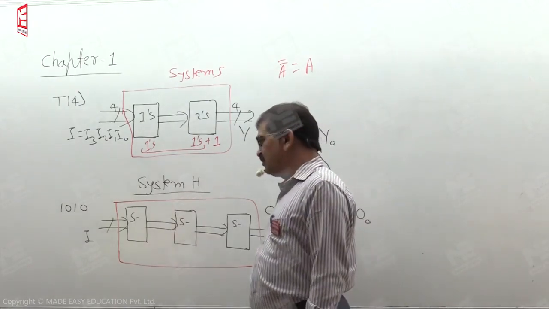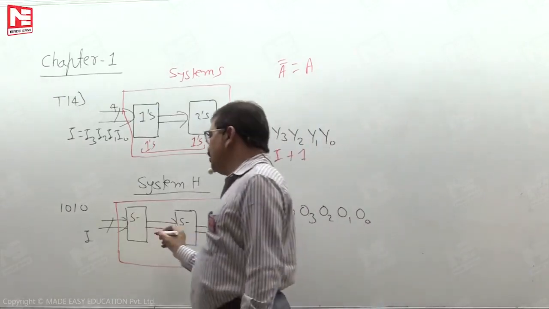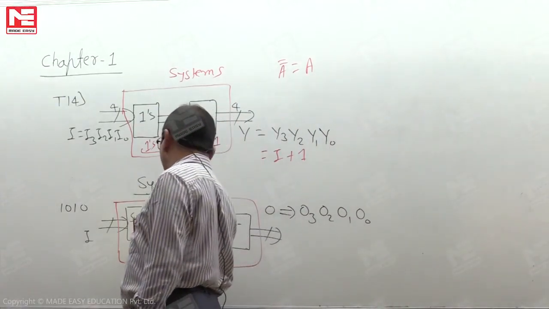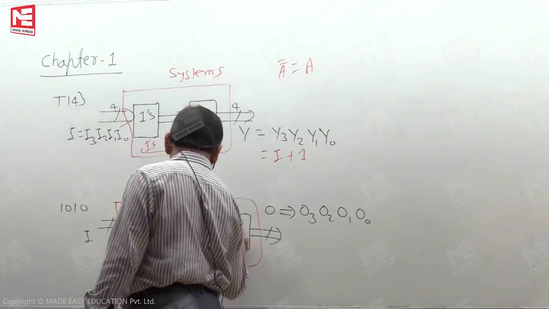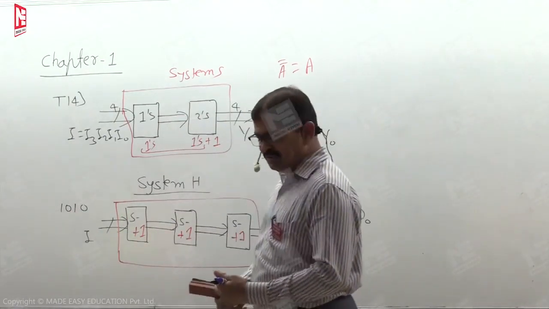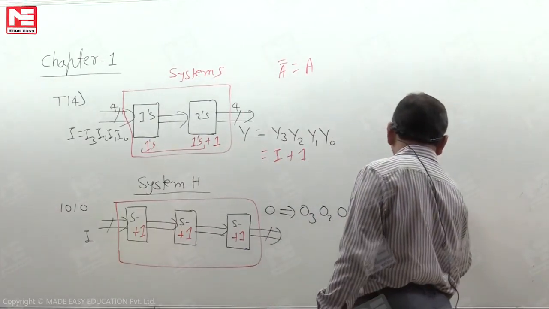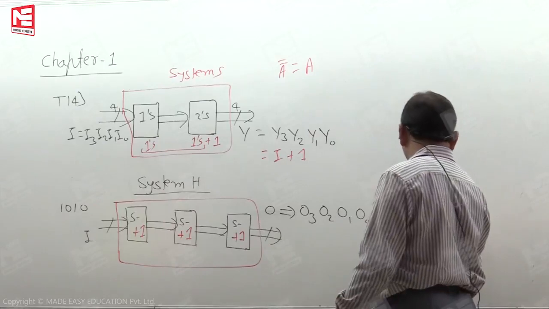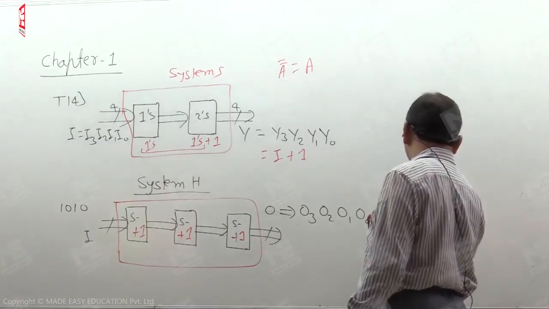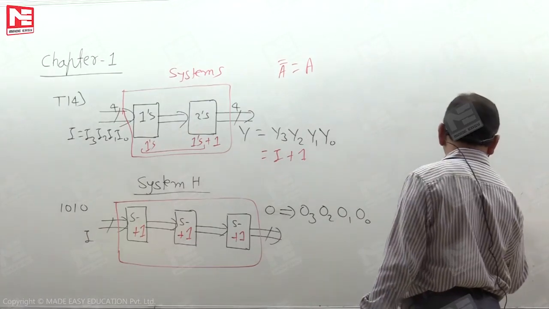Coming to this H system, we are having 3 such S blocks. Each S block is adding 1. The given number is 1010. So for this 1010 we are adding these 3. It is as good as 10 plus 3, in binary form.